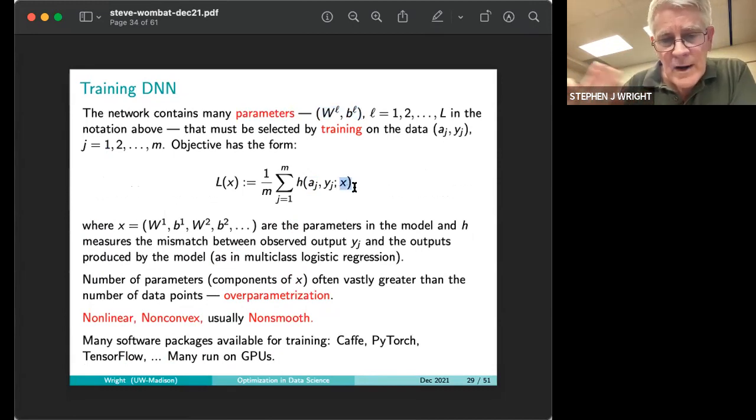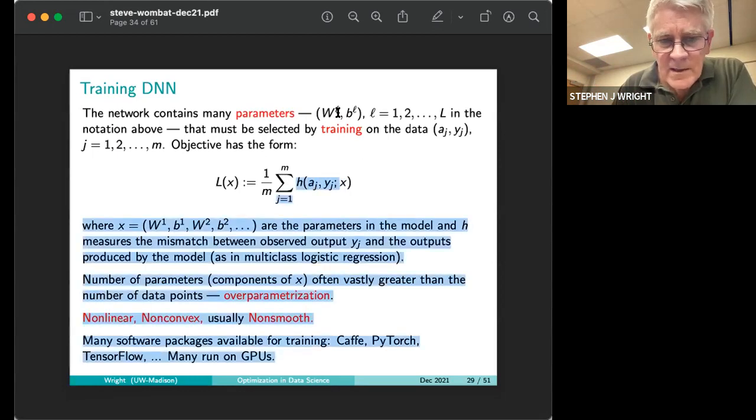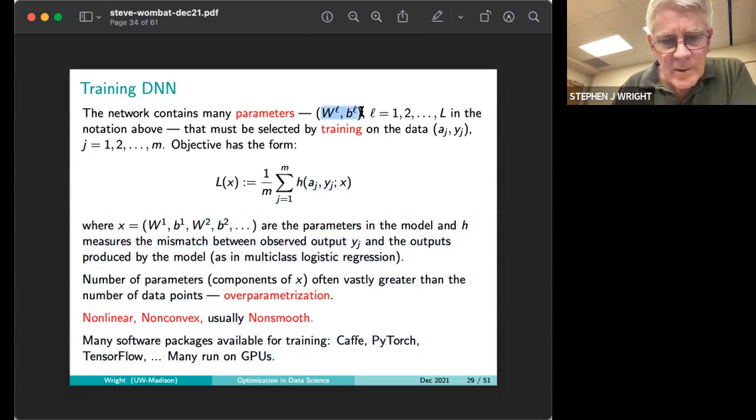They are the thing that parameterizes the function that's mapping the AJ to the YJ. And you can write down a loss function that captures the error in that prediction, that takes the AJ, passes it through the neural net defined by X, where X is this collection of W's and B's. It comes up with some output, and then it compares it with YJ.